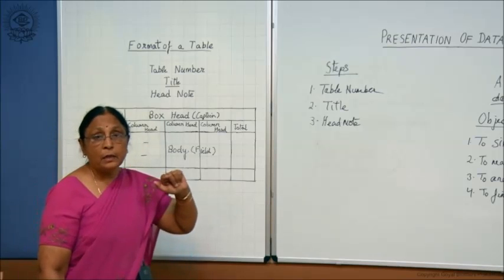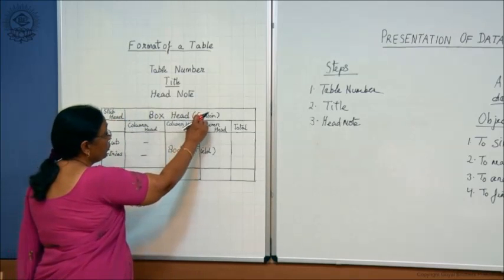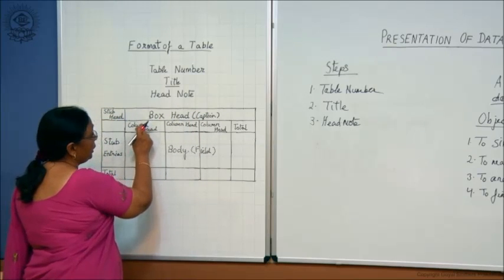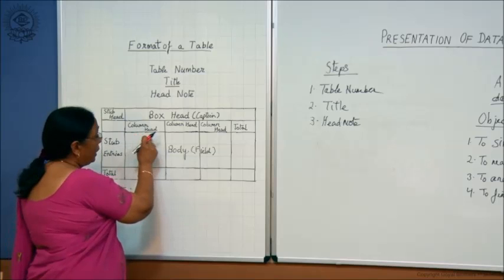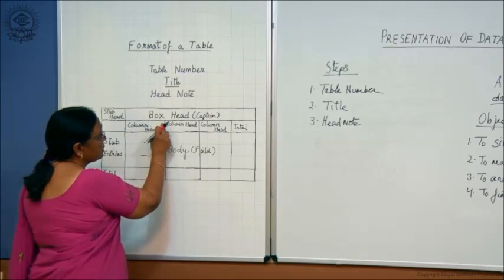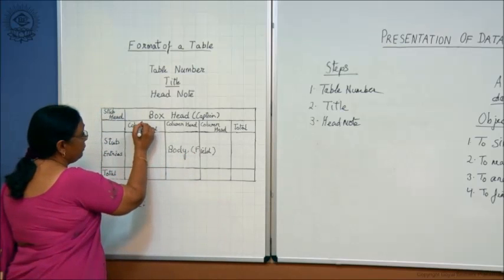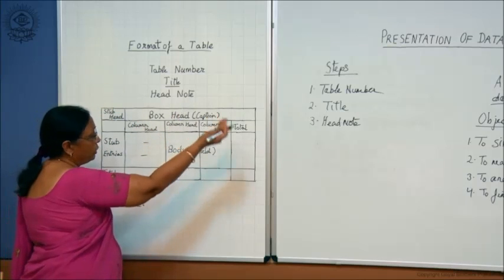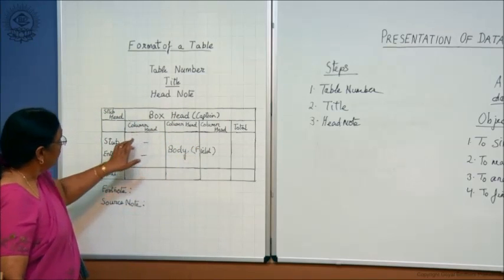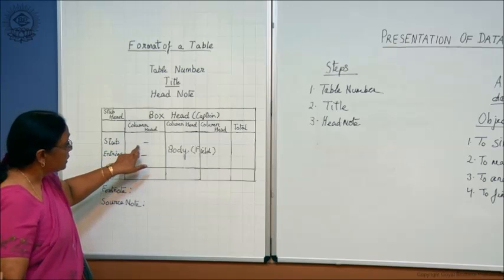Now in our example, we have taken students, so this column we can divide into 2 parts, boys and girls, right? It can again be divided into 2 parts, and I will give you the example later on. And then here the stub entries are done.